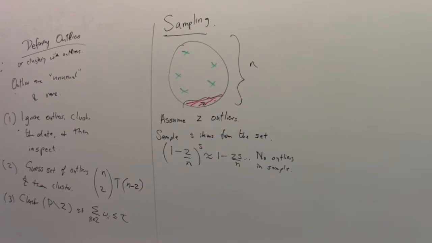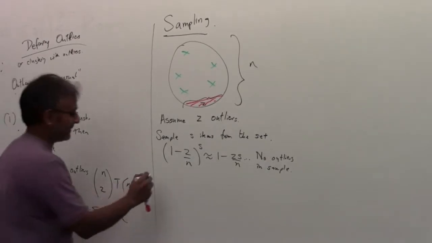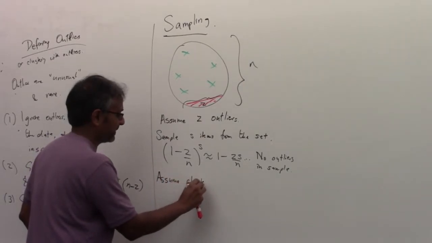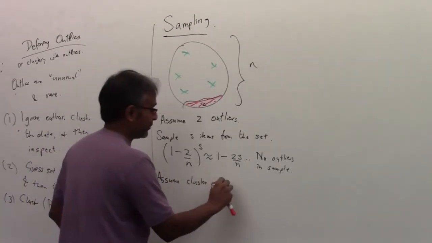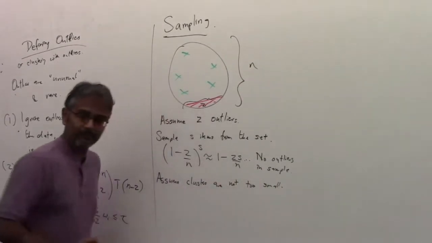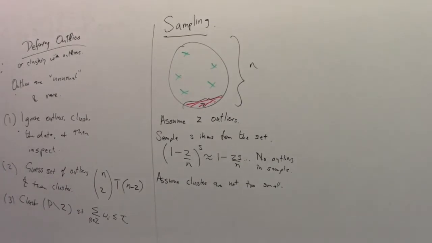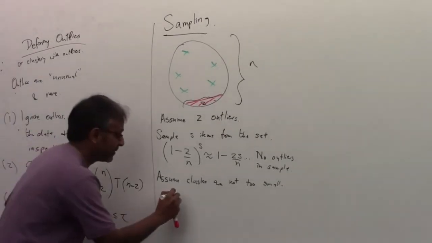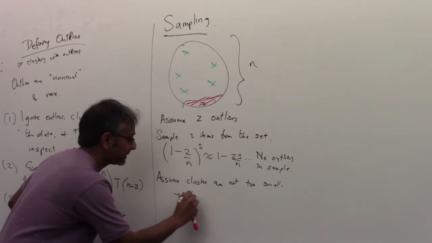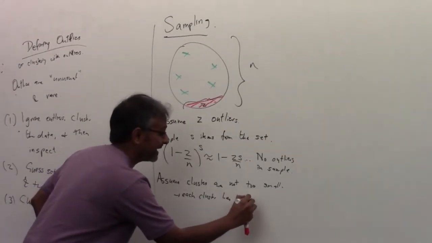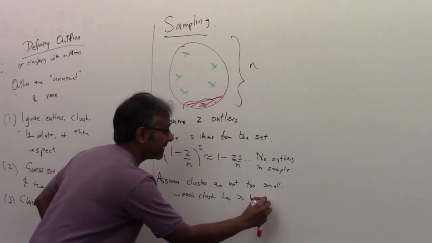So let's assume, and this is the key, that clusters are not too small. This might seem a bit strange right now, but it'll make sense in a bit. Assume that there are k clusters, and that each cluster has at least k times Z points in it.